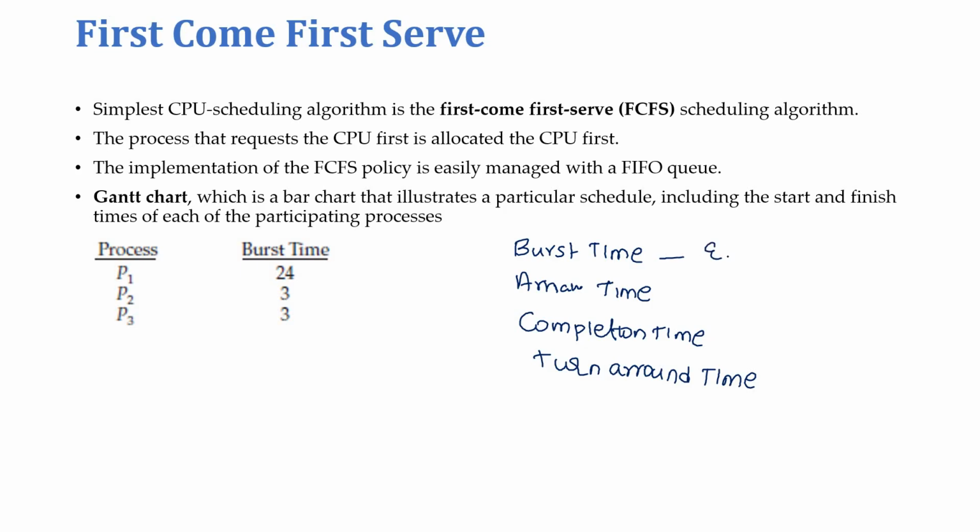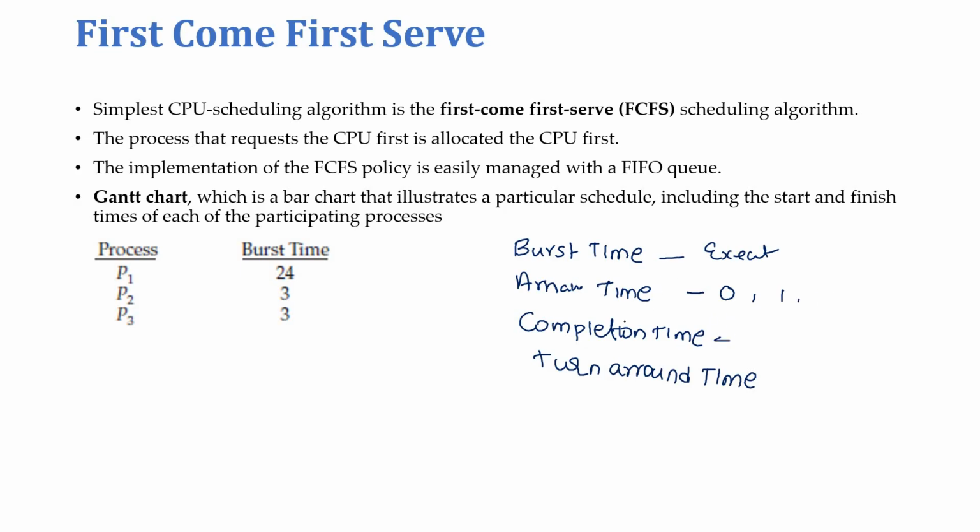The execution time is called the burst time. Arrival time is when the process reaches the timeline. If all the processes reach at the start, it is mentioned as 0, or otherwise as time 1, 2 like that.